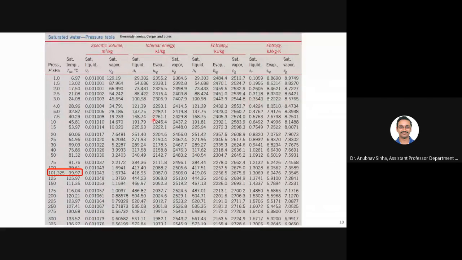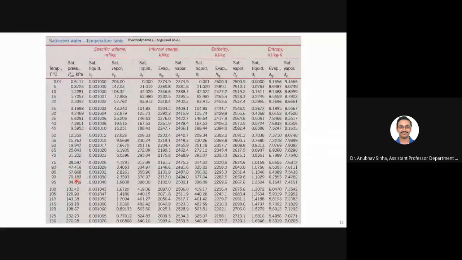Now let us come back to boiling water. For boiling water, the atmospheric pressure at mean sea level is 101.325 kilopascal. For that we see that the saturation temperature is 99.97. So when water boils at atmospheric pressure, it is not exactly at 100, it is at 99.97, but 100 is a good approximation.